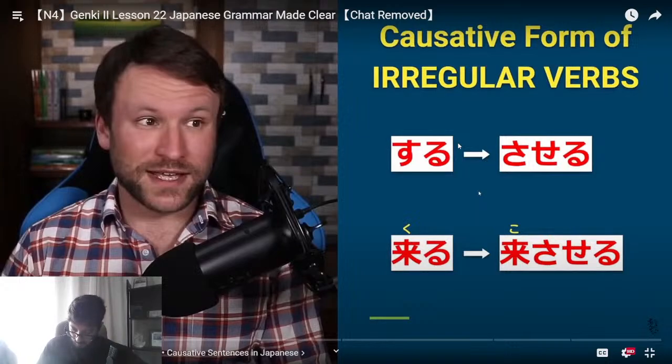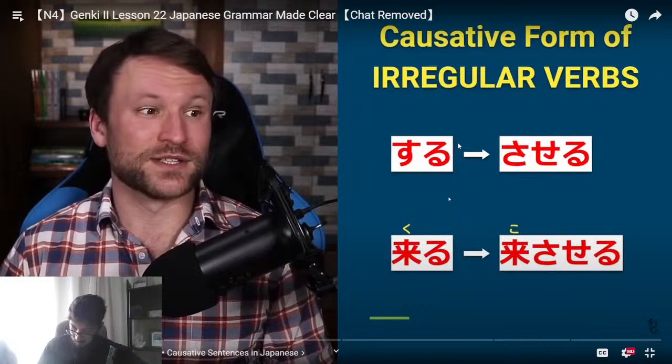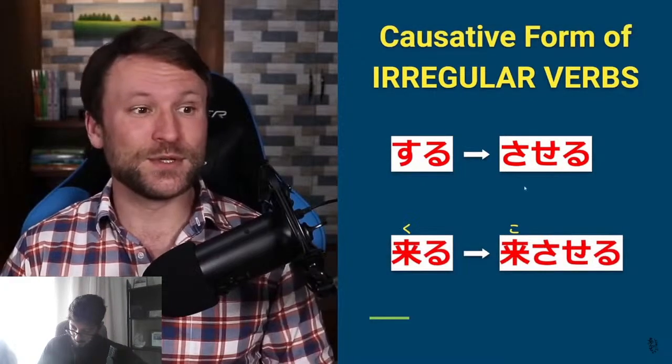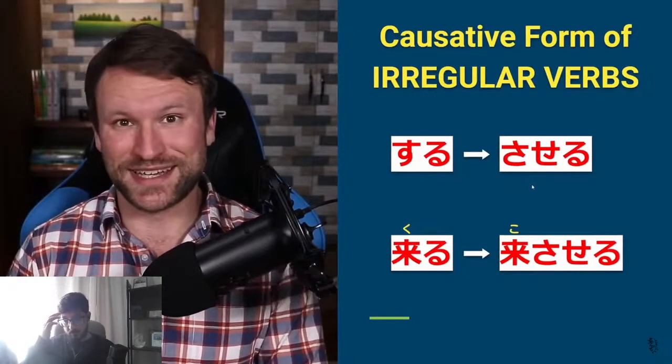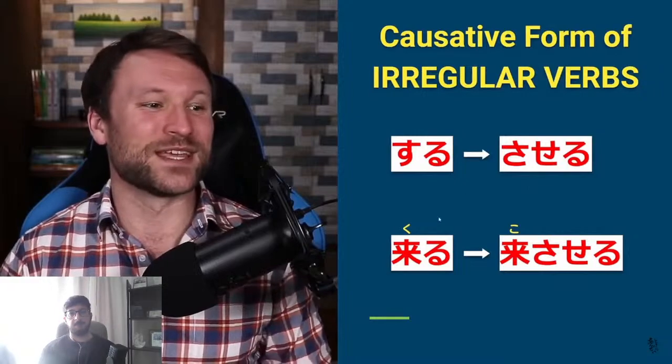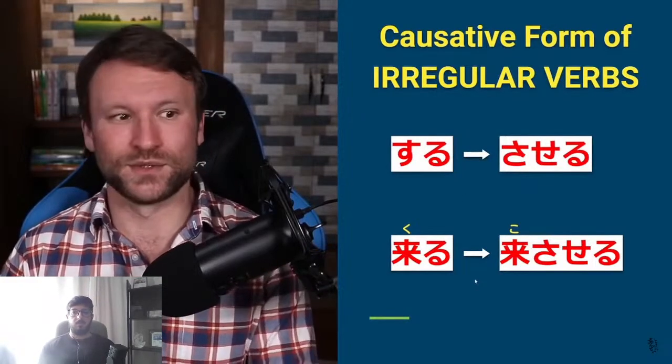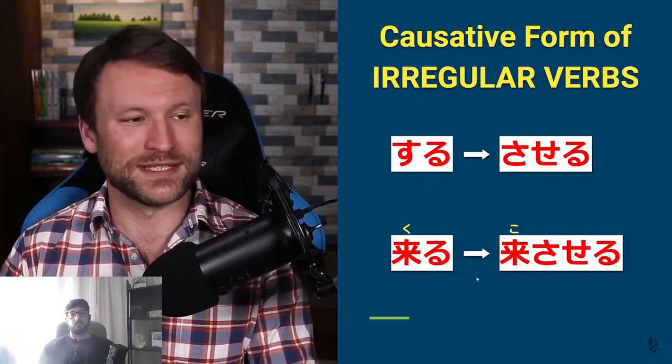So for the causative, that is suru and kuru. Suru becomes saseru, just like the ending from the ichidan verbs, and kuru becomes ko saseru. So they all end in saseru, so at least that's easy to remember.